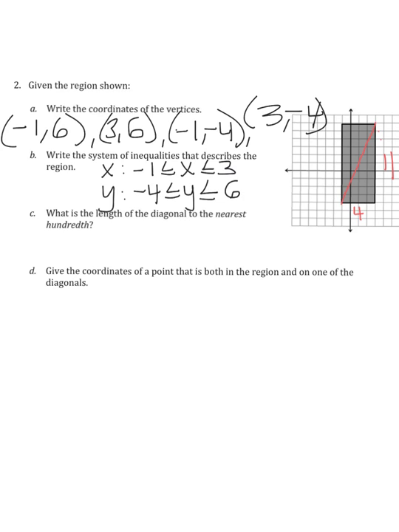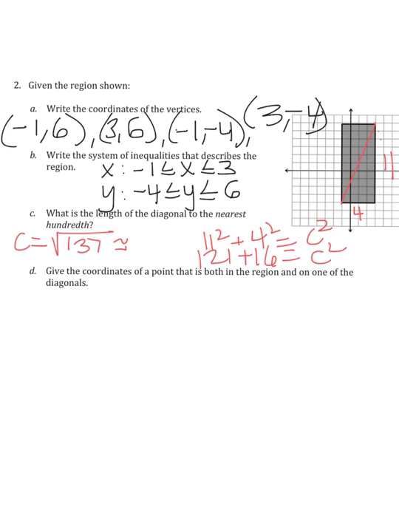So 11 squared plus 4 squared is equal to c squared. Which is 11.70.